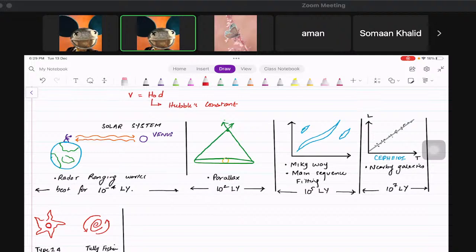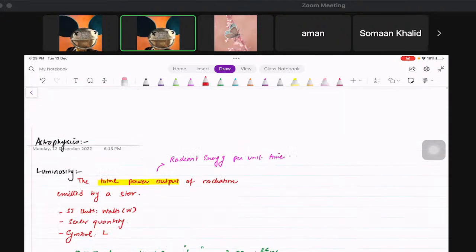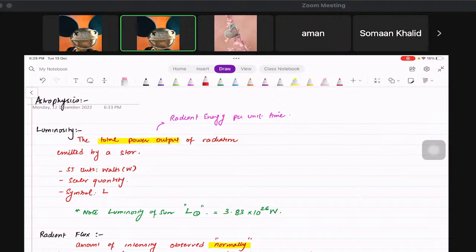Okay. All right. Now, if we go back to what we've done till now, basically we read about unknown luminosity. Now the thing is, how do we exactly find luminosity in any case?